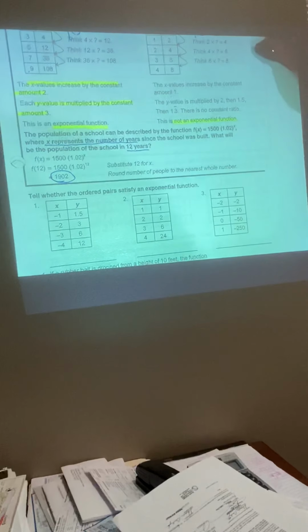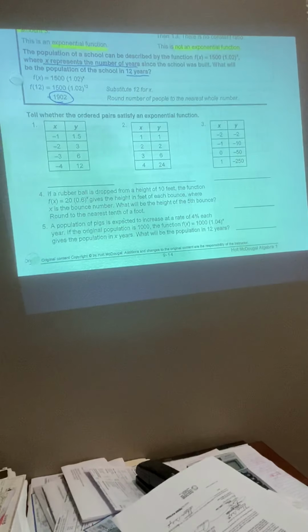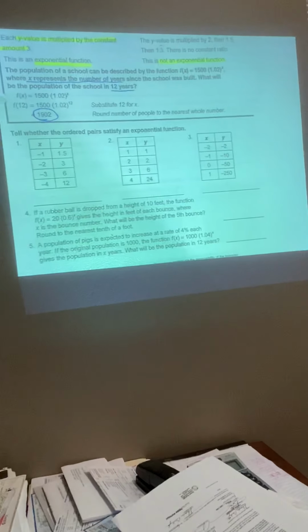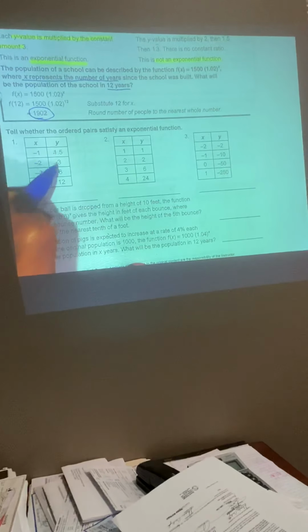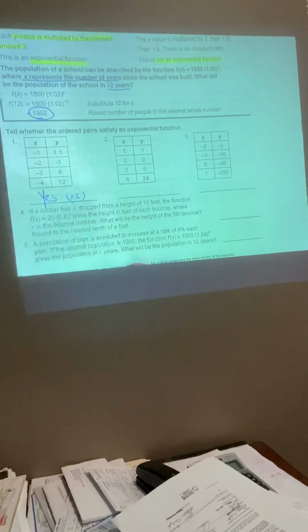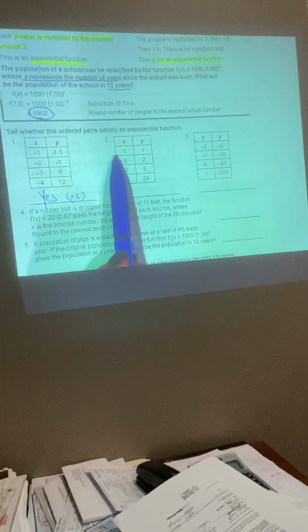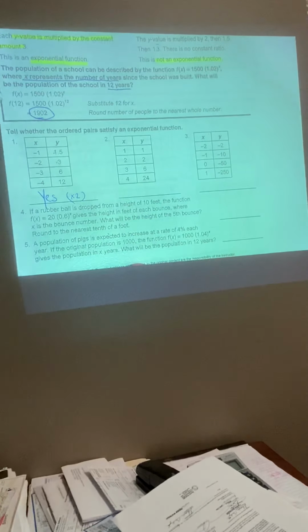Does it satisfy an exponential function? Yes or no? Okay, so x's are good. 1.5, 3, 6, 12. Yes, because it multiplies by 2. Number 2. 1, 2, 3, 4 is good. 1, 2, 6, 24. Is that multiplied? Are my y's being multiplied?